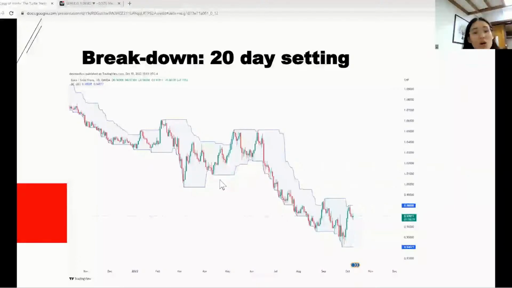This is used for more short-term trading, or if you are a scalper, the 20-day setting is recommended for scalping and short-term.